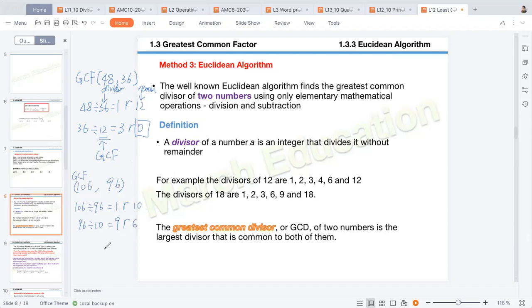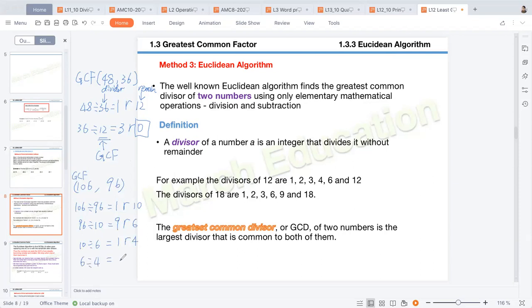And the next step, I just use 10 divided by 6. The answer is 1, and the remainder is 4. Okay, I just use 6 to divide it by 4.